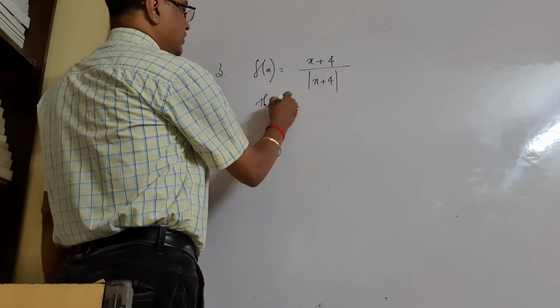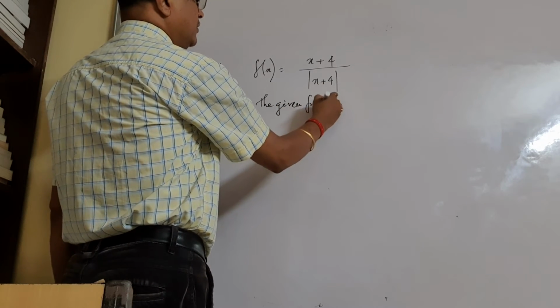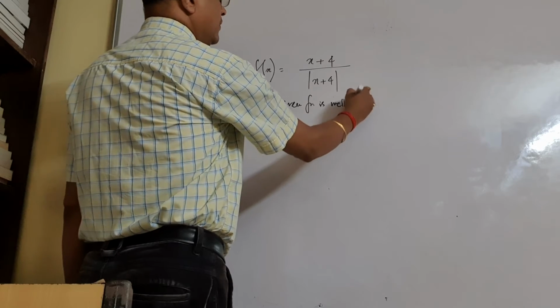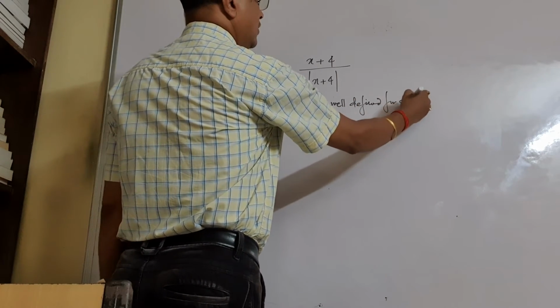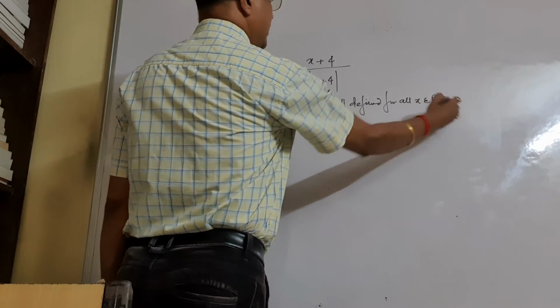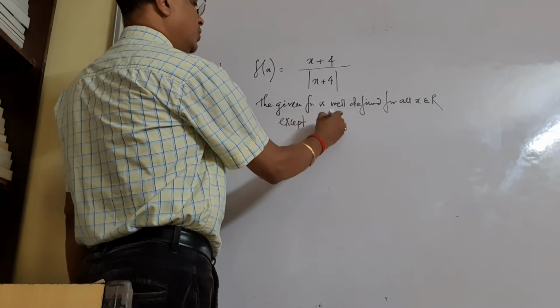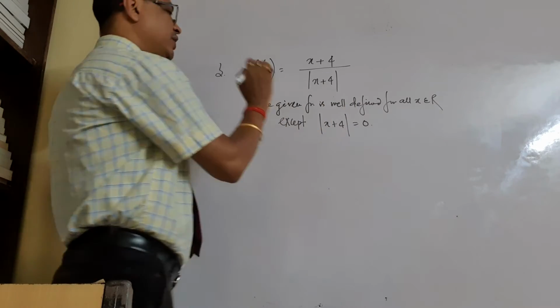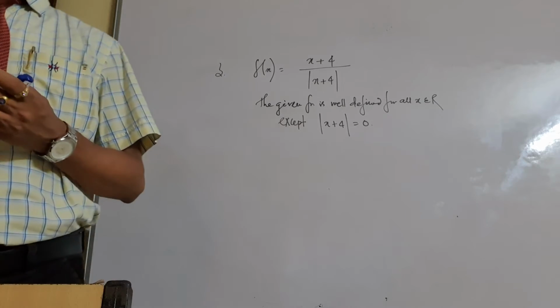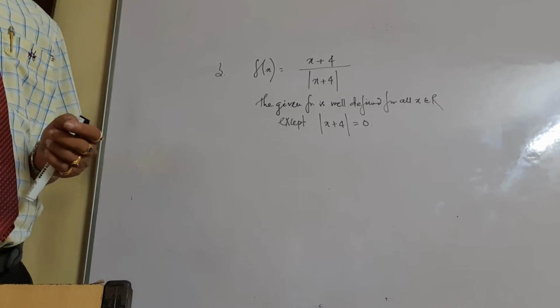So this function is defined for all values, except x plus 4 should not be 0, because if x plus 4 is equal to 0, then x will become equal to minus 4. The given function is well defined for all x belongs to R except the value for which x plus 4 is equal to 0.